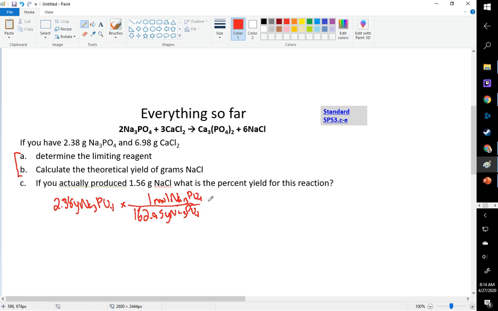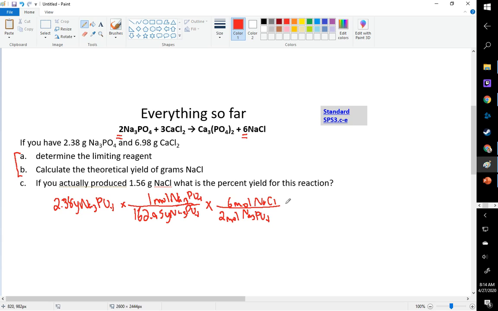phosphate, sorry. So now that I've got it to moles, remember my middle step in my conversion is always to use my coefficients in that mole ratio. So I'm going to be getting rid of the sodium phosphate and going to the sodium chloride. So 2 moles of what I'm getting rid of goes on bottom, and 6 moles goes on top.